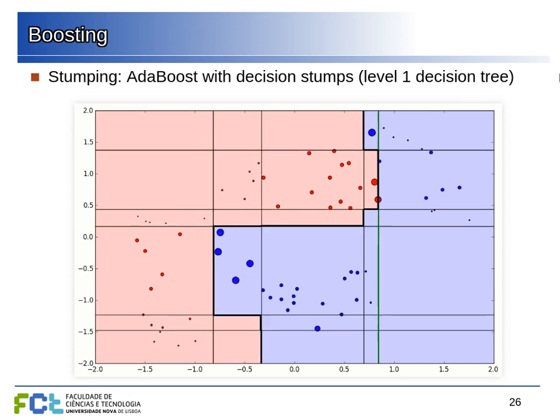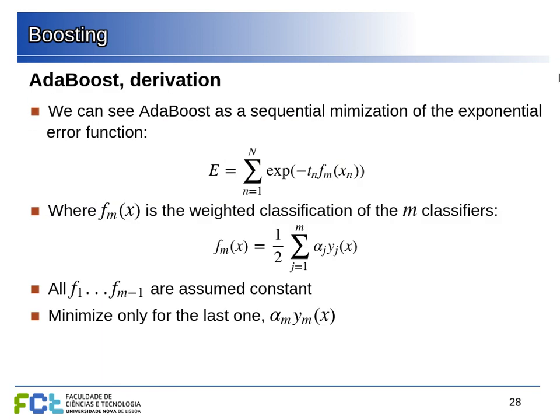Okay? So another way of looking at AdaBoost, I'm going to go through this briefly, but if you want you can look at this derivation in Bishop's book, is to imagine that we are using an exponential loss function. Basically this is e raised to minus the product of the target and the classification.